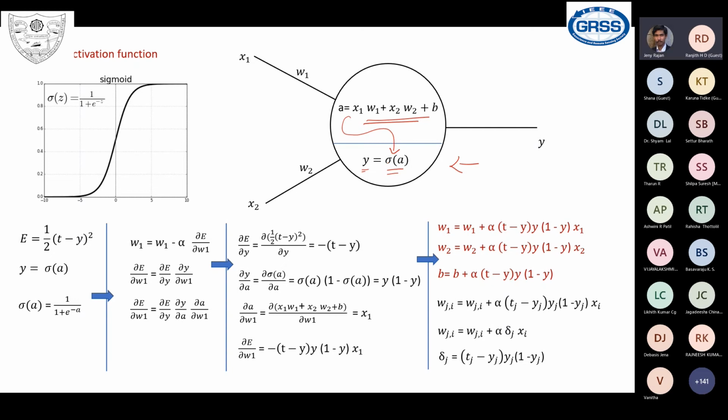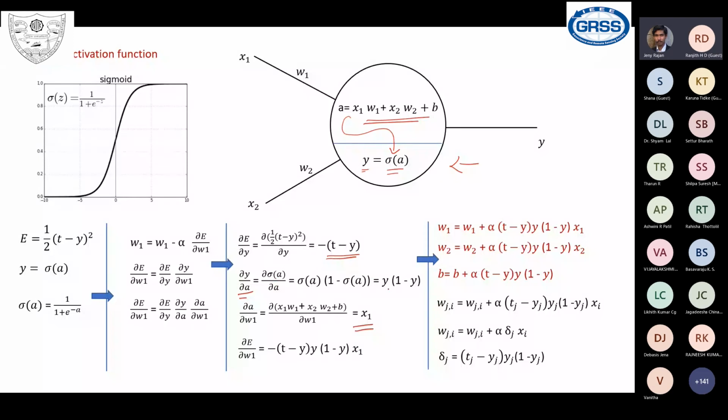Okay. So again, we are going to derive the weight updation formulas. Everything is the same here. The only difference is this term. In the previous case, since we used an identity function, this value was 1. Now this is different, right? Here we are using a sigmoid activation function.